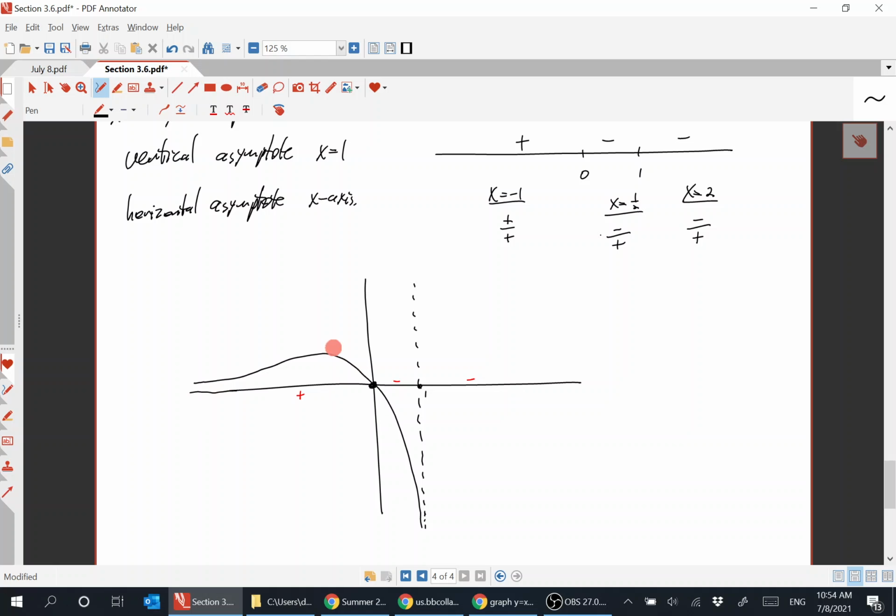And that local maximum, we cannot find it without calculus. We need calculus to find that one. And then the graph is negative here, and then it's got to come up to the horizontal axis, but that's the graph. Okay?